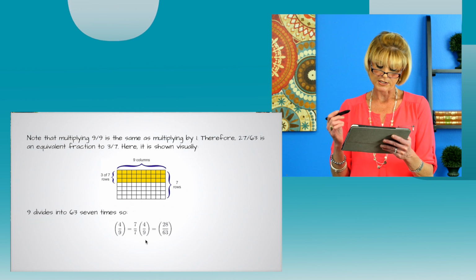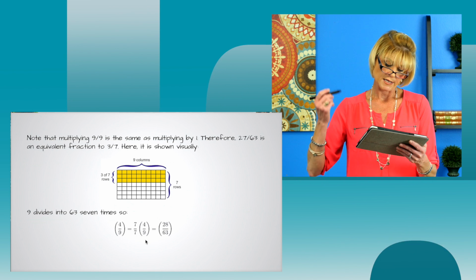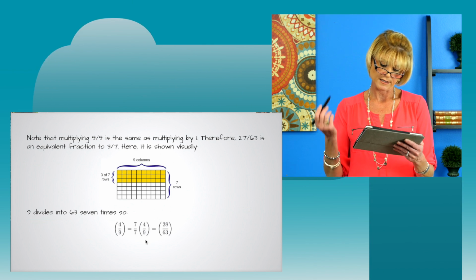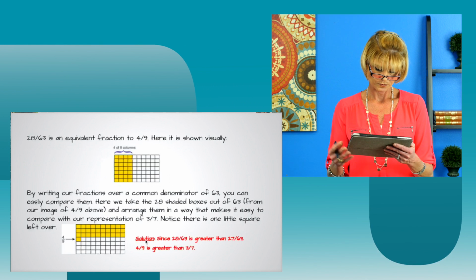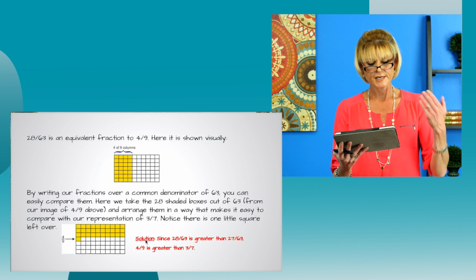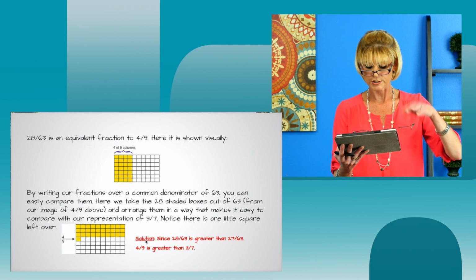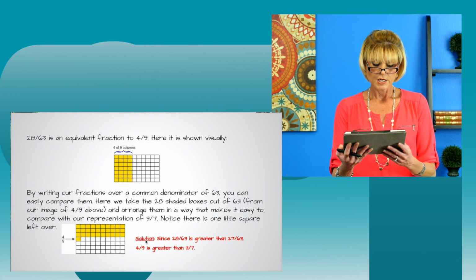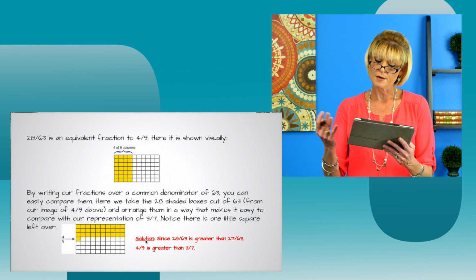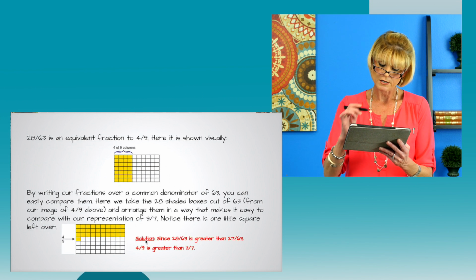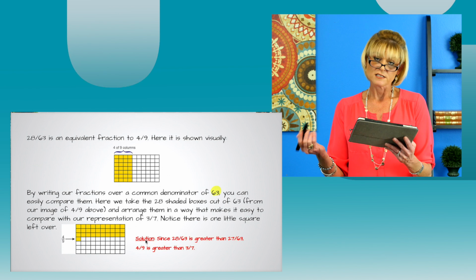9 divides into 63 7 times, so 4 over 9 equals 7 over 7 times 4 over 9, which equals 28 over 63. So 28 over 63 is an equivalent fraction to 4/9, and here that is shown visually, 4 of 9 columns. By writing our fractions over a common denominator of 63, you can easily compare them.